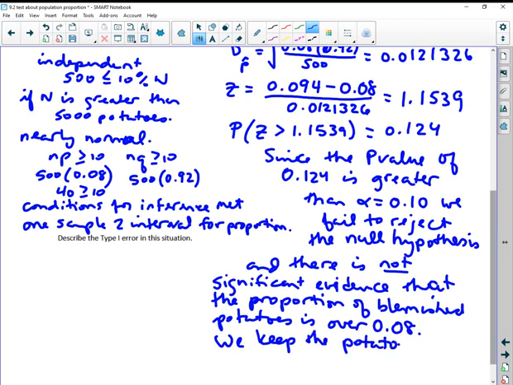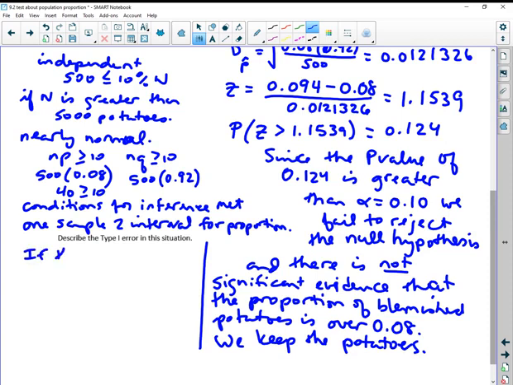Now, we may be wrong about this, and because we are failing to reject, when you're wrong and you've failed to reject, you've committed a type 2 error. But the question over here says, what if this was a type 1 error, which we don't have? What's a type 1 error? It would be when you reject the null when you should not have rejected the null. So let's describe that in this situation in context.